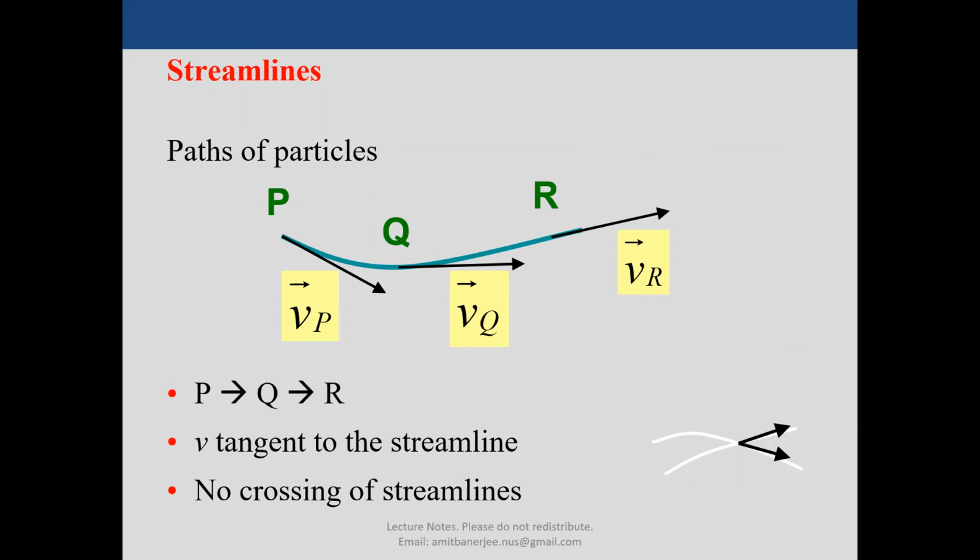In a streamline, the path of the particles at different points is tangential to it, and generally there is no crossing of these streamlines.